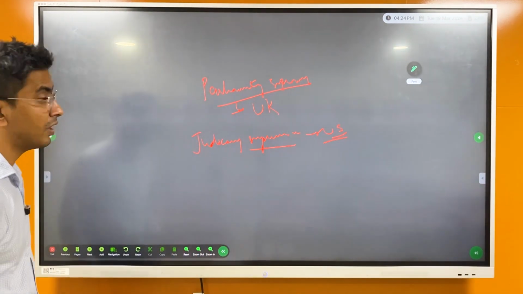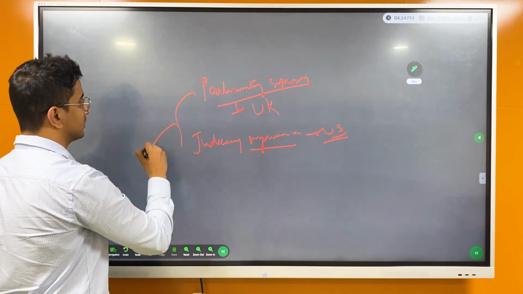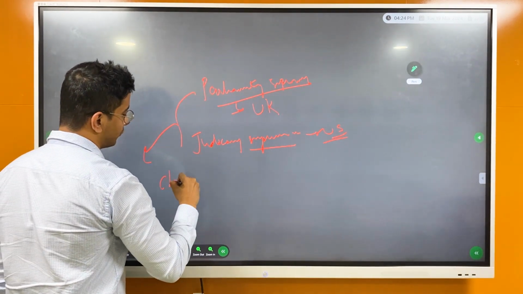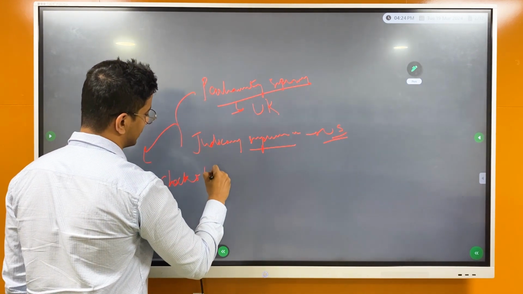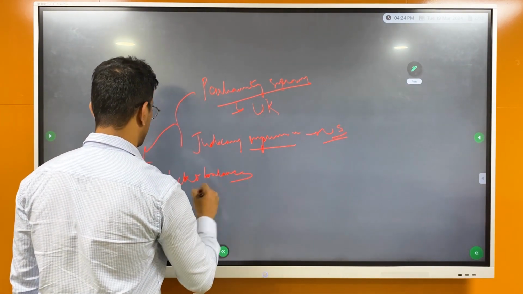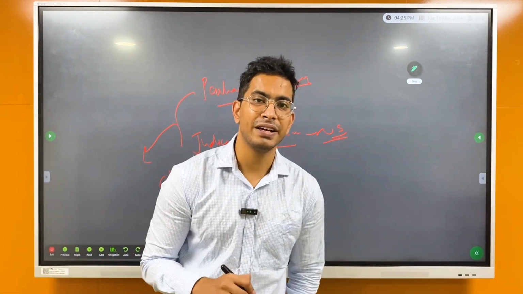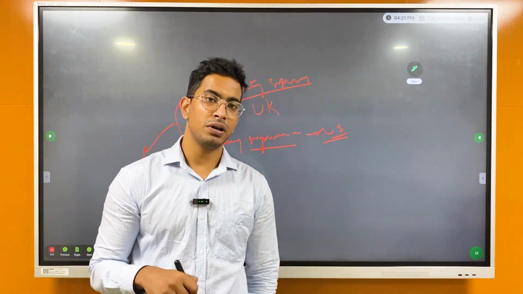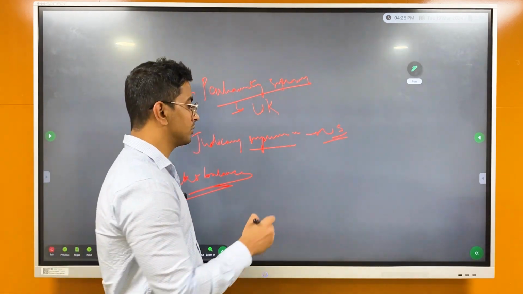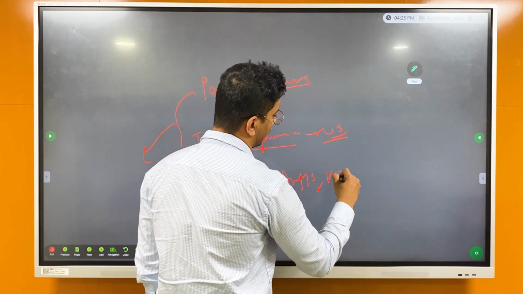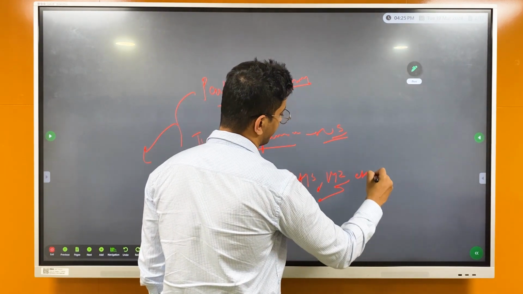In India, we have a combination of both. In India, we follow the policy of check and balance. The lawmaking power is in the hands of the legislature, but even the judiciary has some power under Article 13, Article 142, etc.